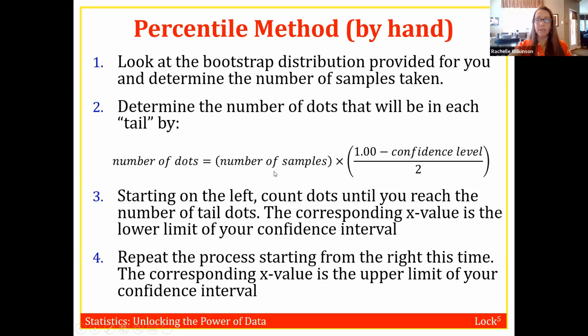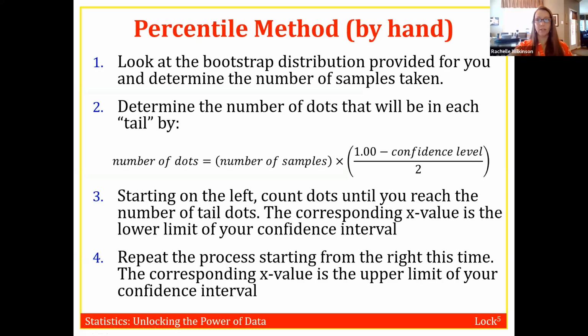It's based on the number of samples in your bootstrap distribution, which you can get by looking in the upper right-hand corner of the distribution. And it's also based on your confidence level. When you plug your confidence level into this formula, we always use the decimal form. So if I'm doing a 95% confidence interval, it'll be 1 minus 0.95 over 2.